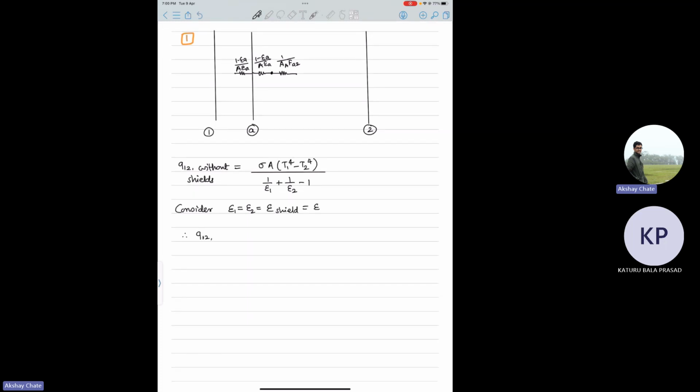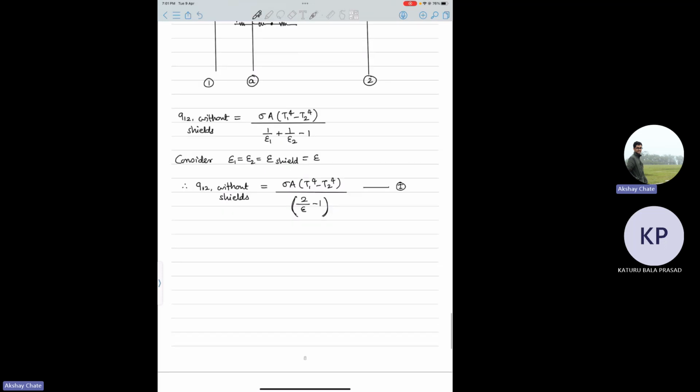Your Q1 to 2 without shield or shields simplifies to T1 power 4 minus T2 power 4 divided by 1 minus epsilon 1 or epsilon 2. So this is nothing but 2 by epsilon minus 1. So it becomes like this. Okay, so this is your equation 1, or maybe we'll use some Roman numerals. I hope this part is clear.